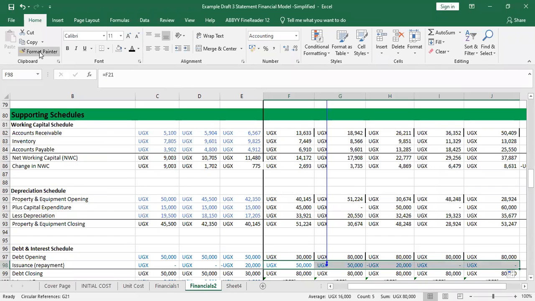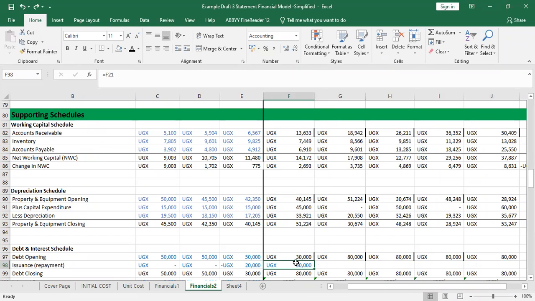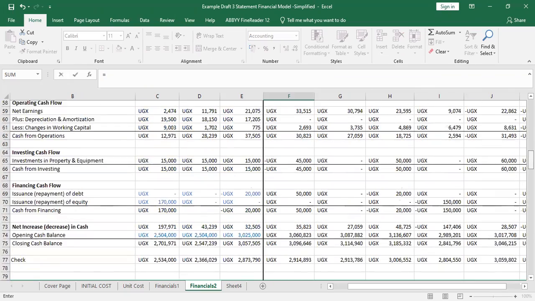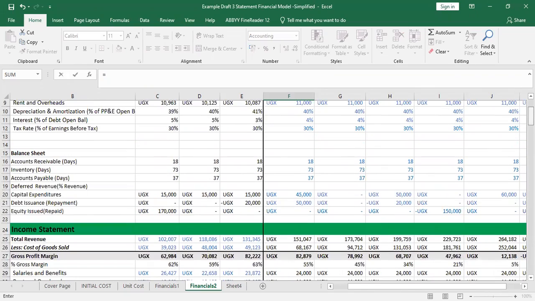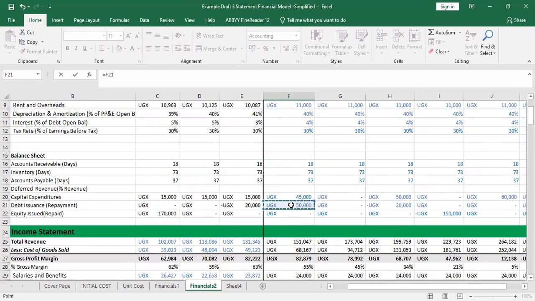Let me just repeat this again. Debt, this is equal to this.